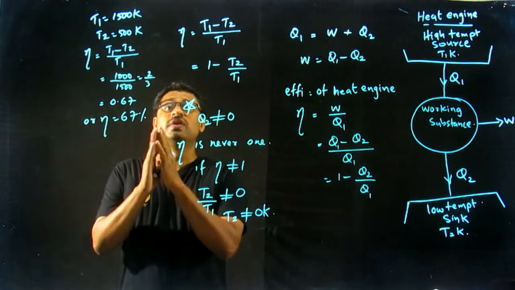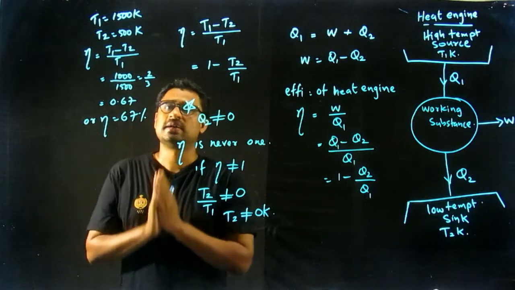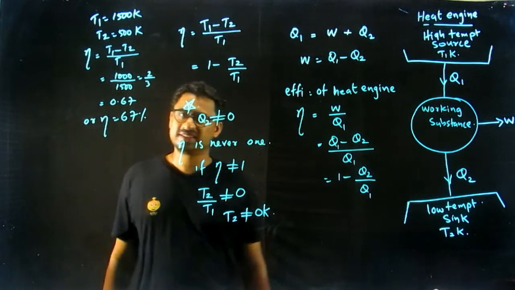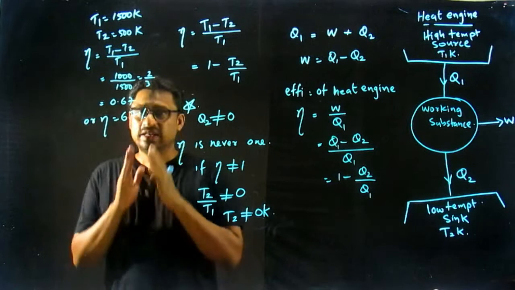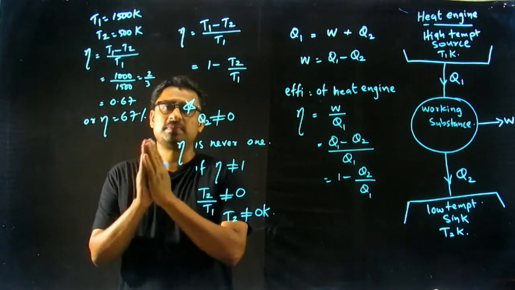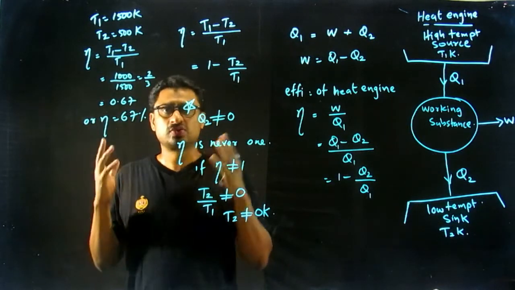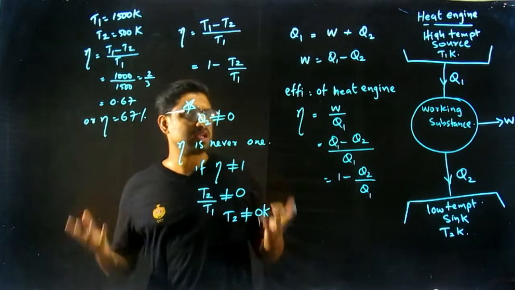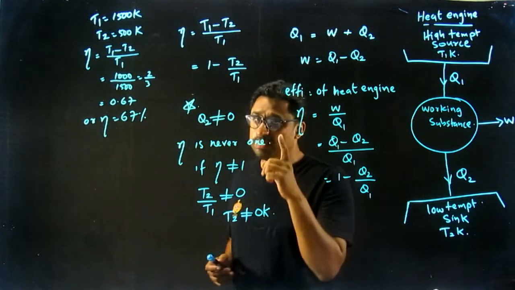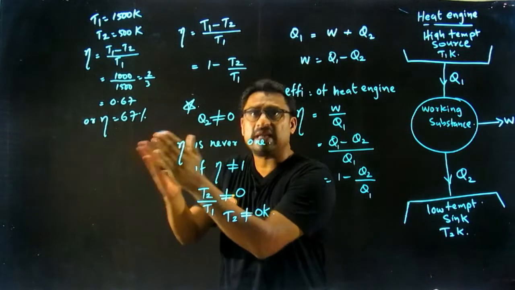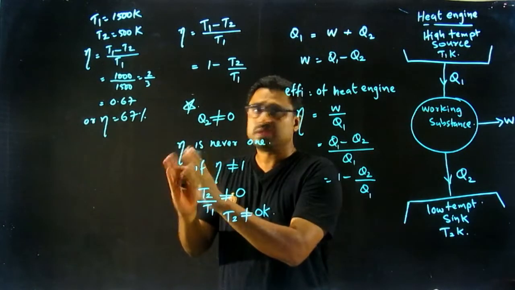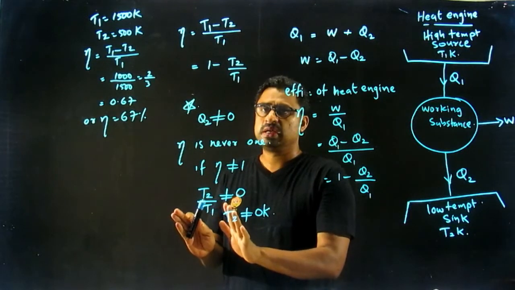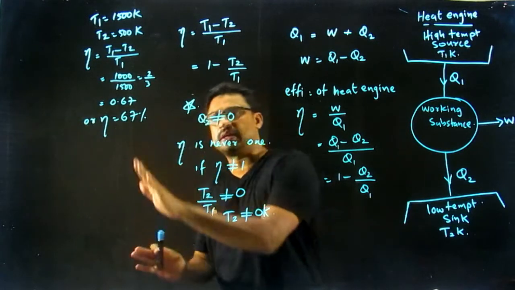And even if we wish to get that maximum efficiency, look at it, there are so many challenges that we are going to face. What are those challenges? I will repeat. Even if we wish to get that maximum efficiency, which is not 100% efficiency, it is the 100% of the expected efficiency.